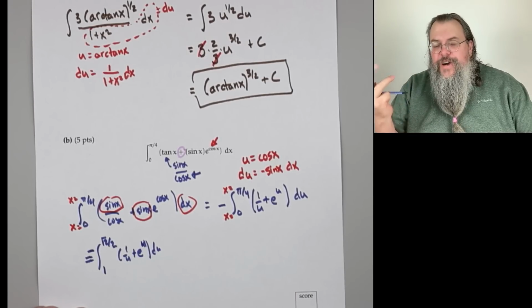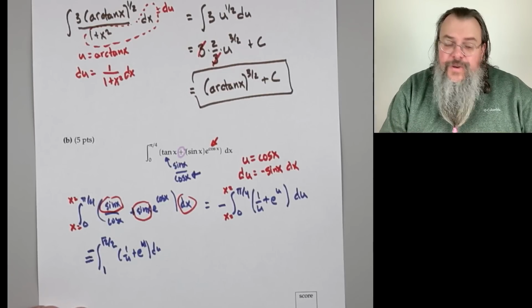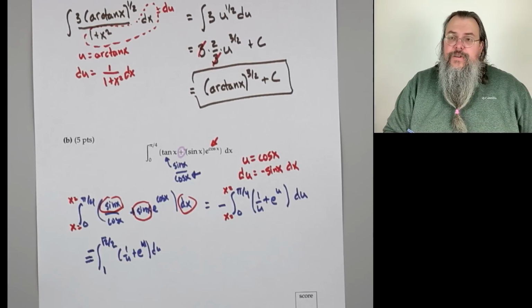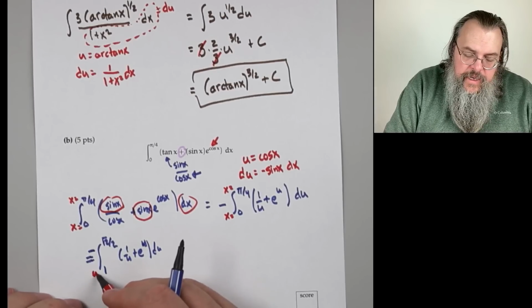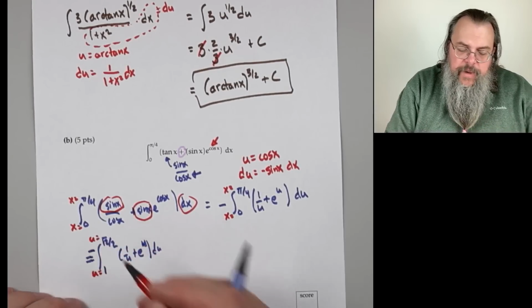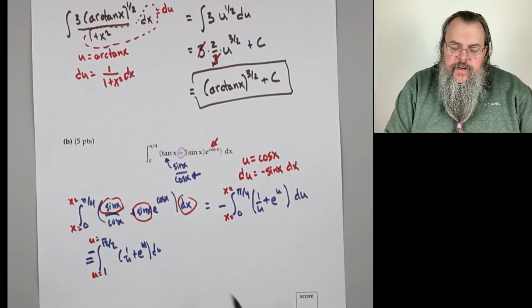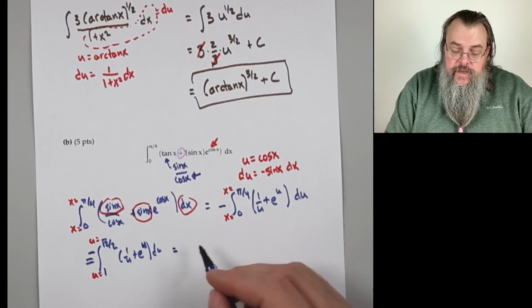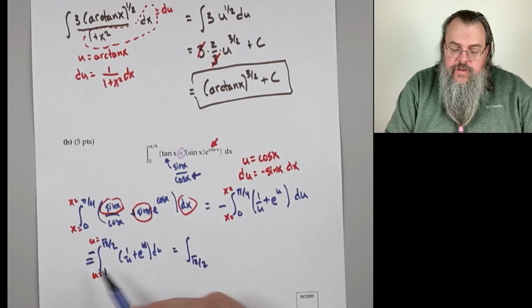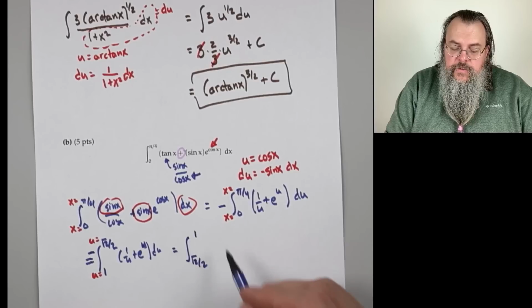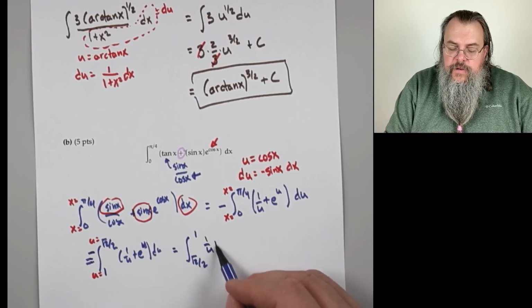Now, wrong I put in quotation marks because it's really up to you as to how you do it. It works out either way. But let's go ahead and just flip the bounds, get rid of the minus sign. It'll make us feel better. Well, it'll make me feel better. So this becomes the integral, and when you flip the bounds, the minus goes away, from root 2 over 2 to 1 of 1 over u plus e to the u.